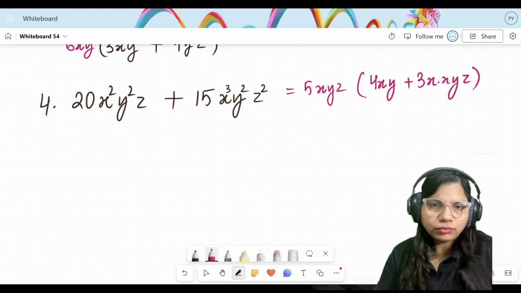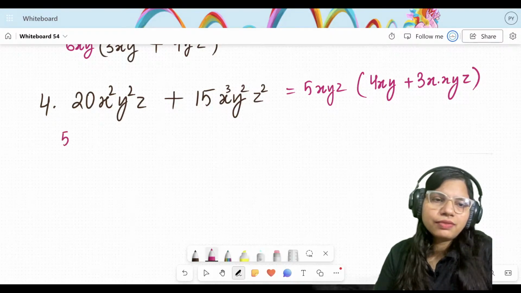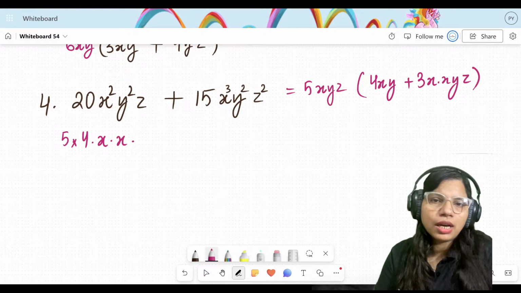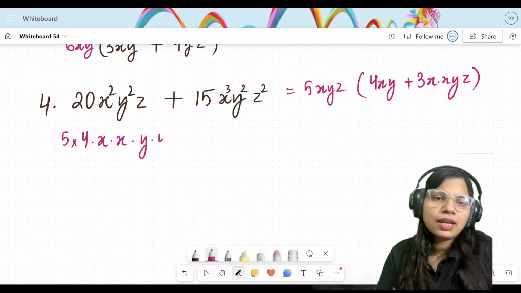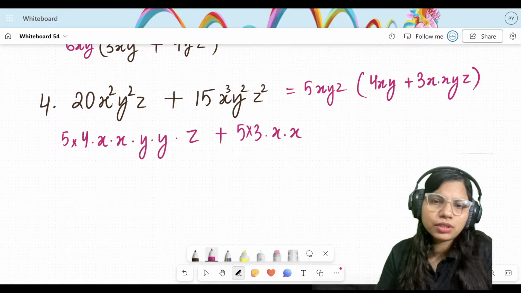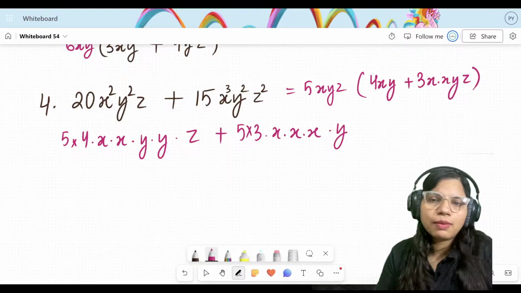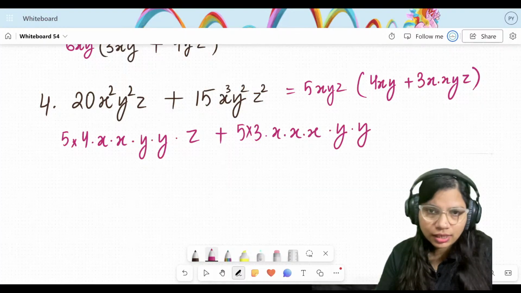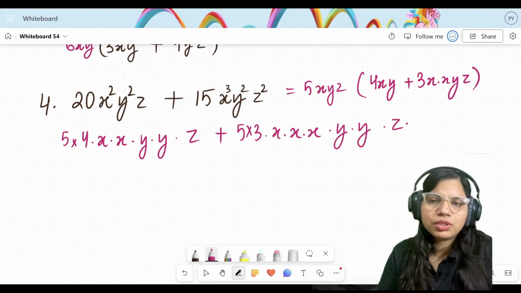Let's try. 20 we can write it as 5 times 4. X squared can be written as x times x. Y squared can be written as y times y. Z is only 1. Plus 15 can be written as 5 times 3 times x times x times x times y times y times z times z.